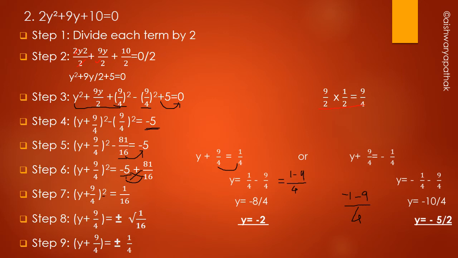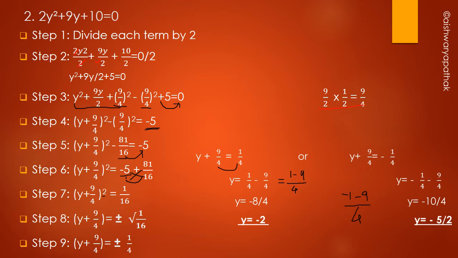Then in step 5, what you have to do? Take the square of this. 9 square is 81 and 4 square is 16. Okay, so 9 square is 81, 4 square is 16, and minus 5 as it is, and here also don't touch this term. Okay, then what you have to do?